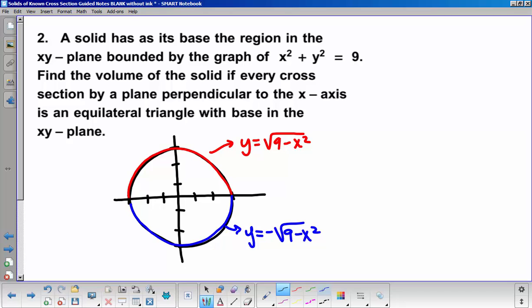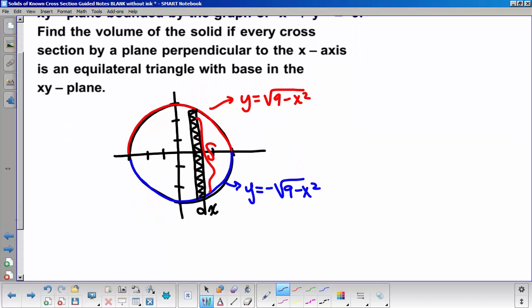It says, find the volume of the solid if every cross-section by the plane perpendicular to the x-axis is an equilateral triangle. So I'm going to have a slice that's perpendicular to the x-axis, so it's a dx again, and this is an equilateral triangle, so I know the base is going to be s.